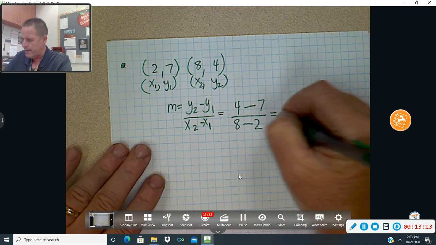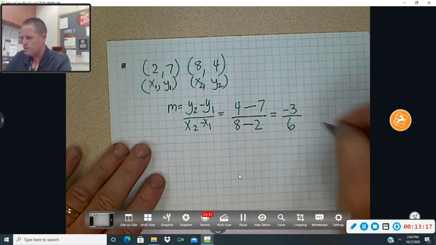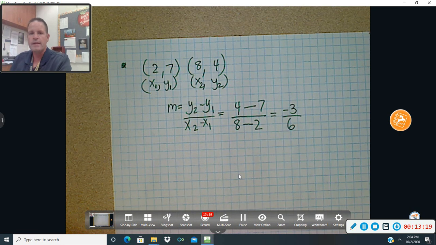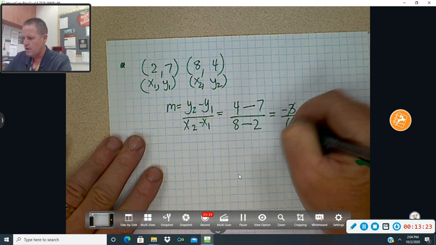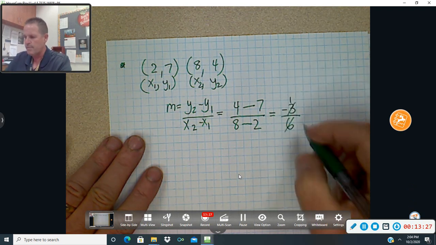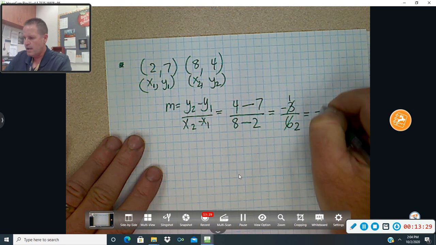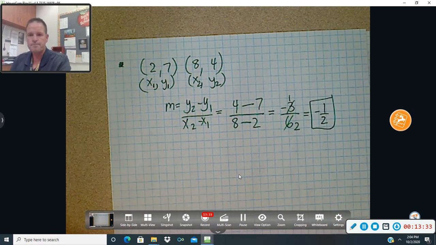So 4 minus 7 is negative 3. Over 8 minus 2 is 6. Now you have to reduce your fractions. So if this reduces, which it does, 3 goes into both of those. 3 goes into 3 one time and goes into 6 2 times. And I get negative 1/2 as my slope.